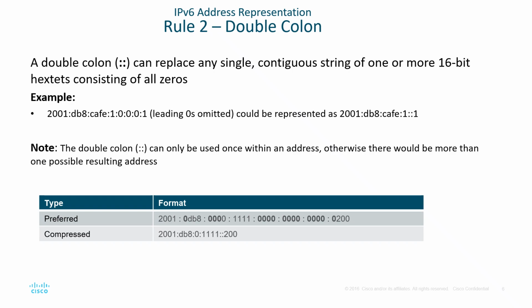Now, your second rule is a double colon can replace any single contiguous string of one or more 16-bit hextets. So in the first example, the representation is getting rid of the leading zeros.